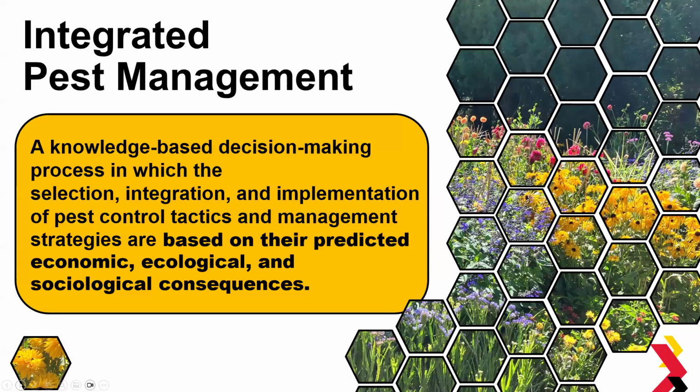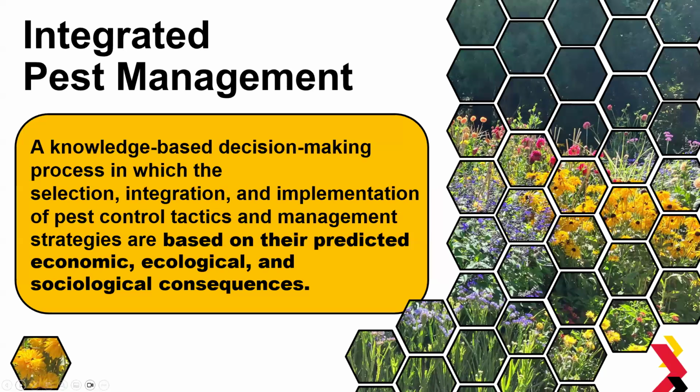But feel free to also reference these longer ones, and there are lots of others out there as well. The first definition is a knowledge-based decision-making process in which the selection, integration, and implementation of pest control tactics and management strategies are based on predicted economic, ecological, and sociological consequences.